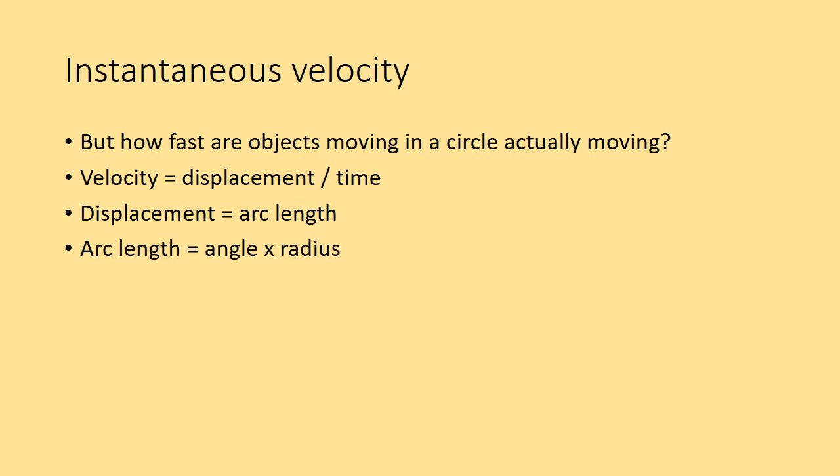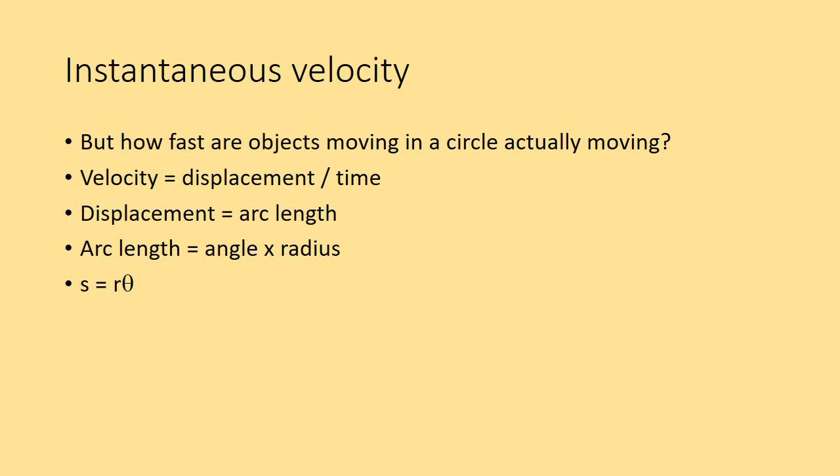Now, the arc length, therefore, is the angle multiplied by the radius of the circle itself. Okay? So we give this as S, so that's displacement, is equal to the arc length, which is the radius times the angle.